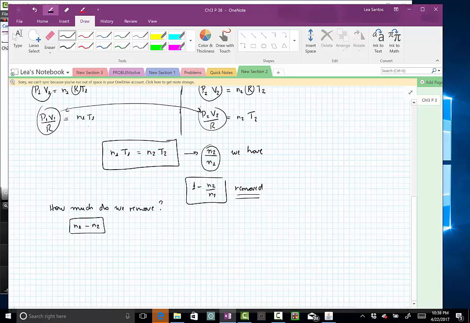But we want to know what is the fraction of that. So what is the fraction of the original? What we want to compute is N1 minus N2, what we removed, with respect to the original. So you see that this is 1 minus N2 divided by N1. Maybe in this way it gets easier to understand this fraction that we are computing.